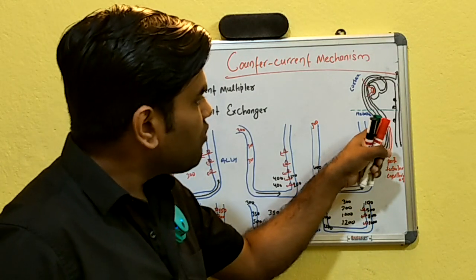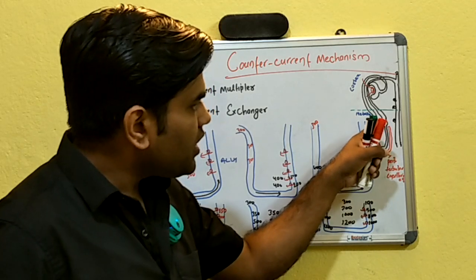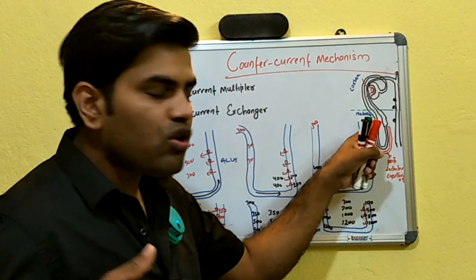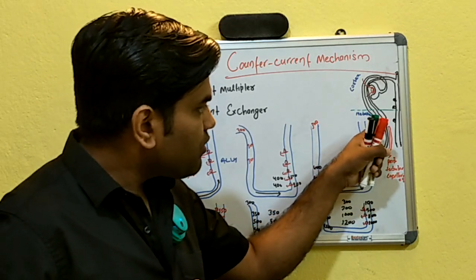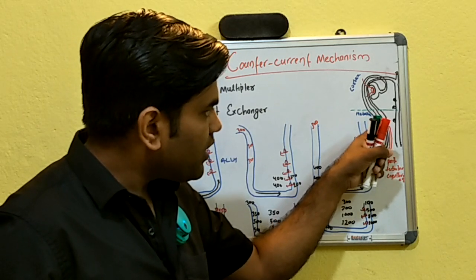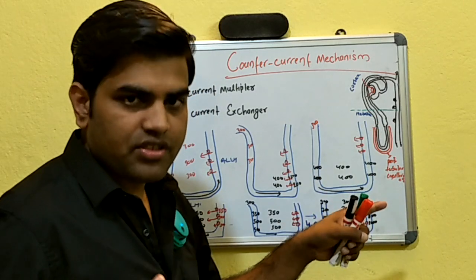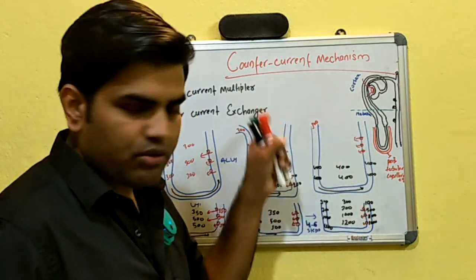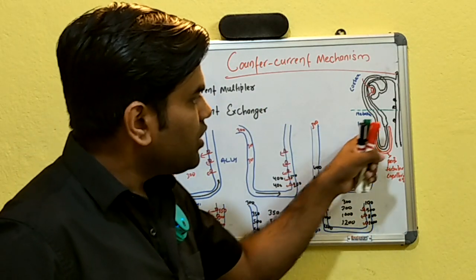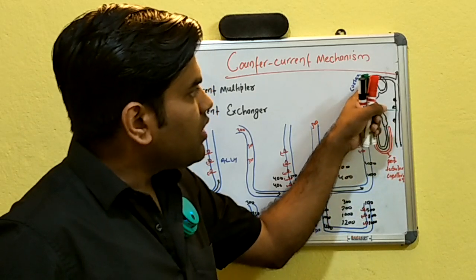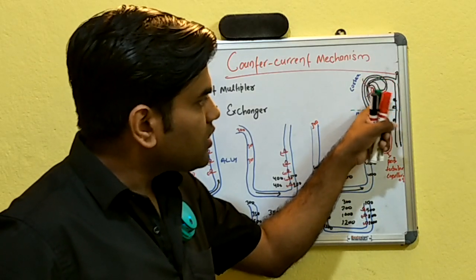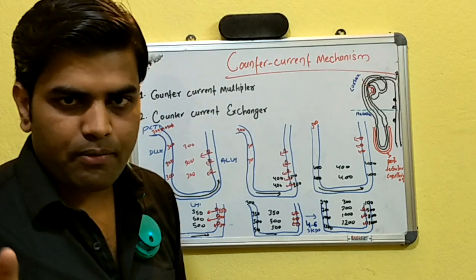There is only the sodium potassium 2 chloride transporter that transports sodium, potassium and 2 chloride from the thick ascending loop of Henle into the cell, and then to the interstitium. That is important. So it is impermeable to water. Even the distal convoluted tubule and collecting ducts are also impermeable to water.